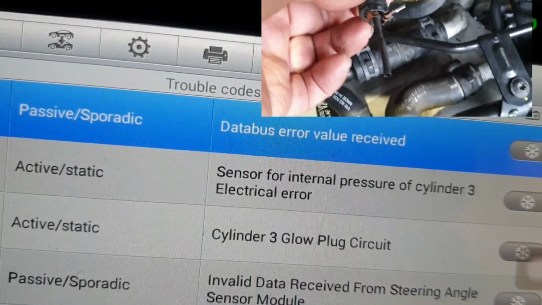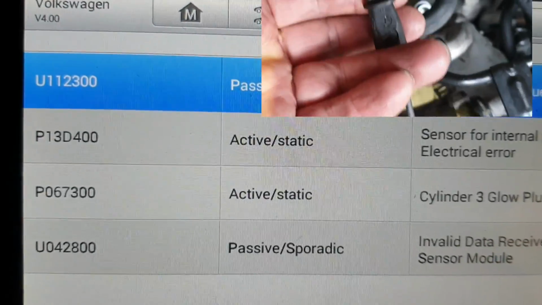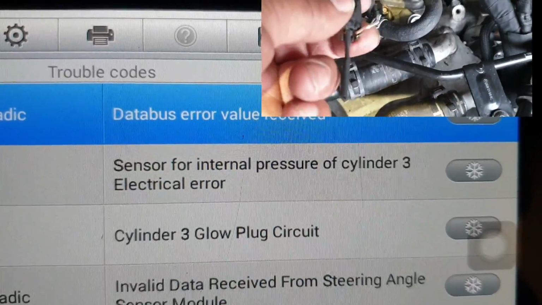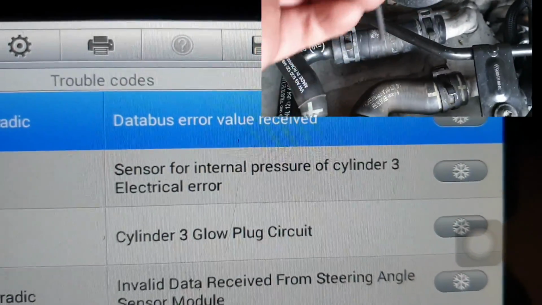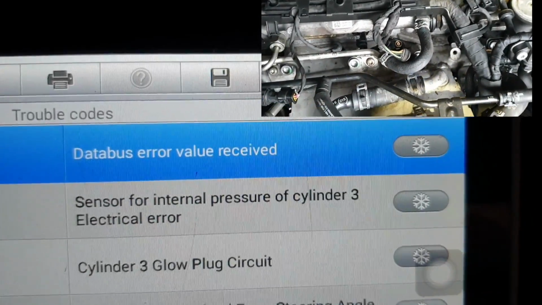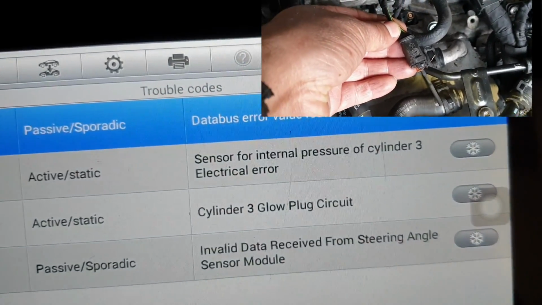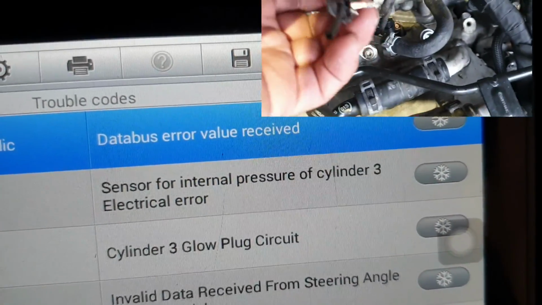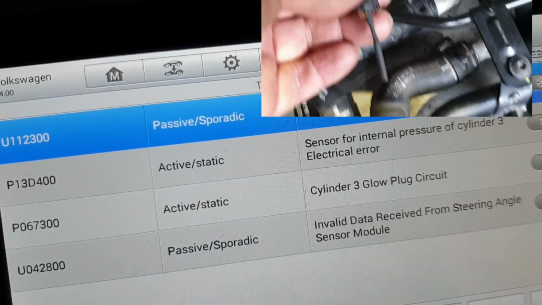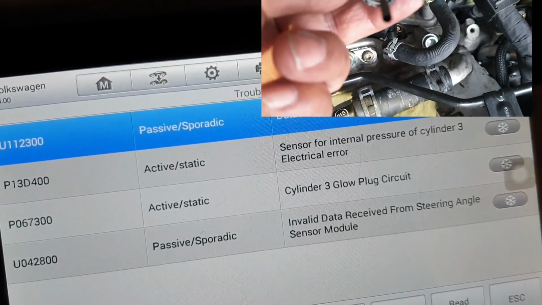Also the second fault code, which is P010100, is for the cylinder internal pressure, because the cylinder number 3 glow plug and the pressure sensor for the internal cylinder pressure of cylinder number 3 are both integrated. So the sensor connector is also broken, so this code is for that. When we fix that connector and put a new cylinder number 3 sensor, that's going to be all right.